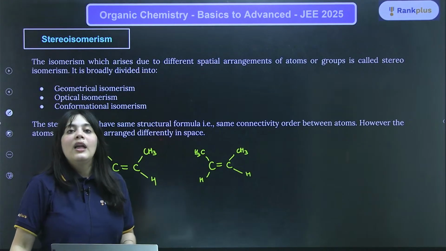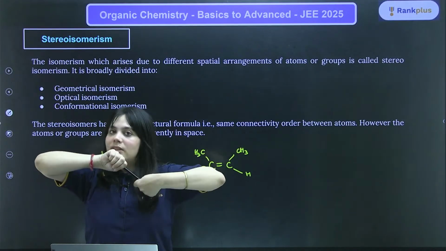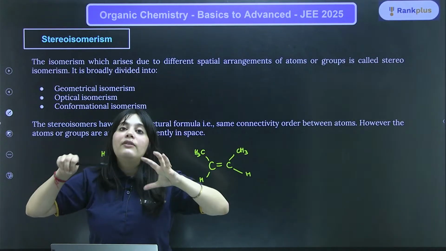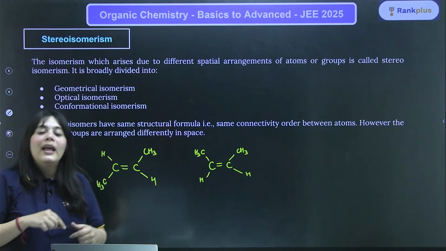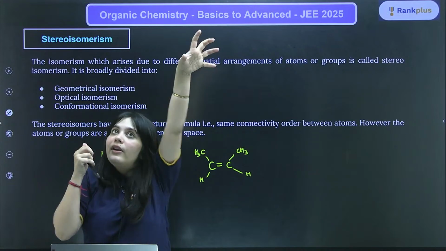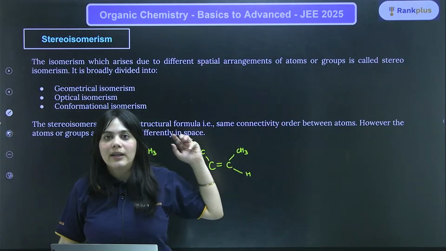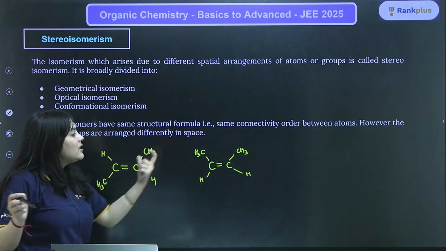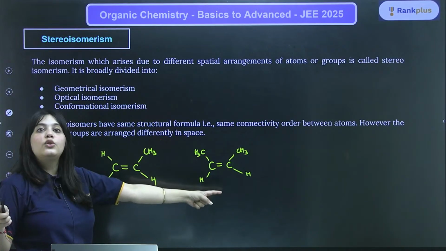Remember one thing, whenever there is a single bond, the molecules can rotate around the single bonds, right? But whenever a multiple bond is there, like a double bond or a triple bond, then the rotation is fixed. They cannot rotate. Wherever the groups are present, they will stay there. So this molecule is different from this molecule because you cannot rotate and change it into that molecule.